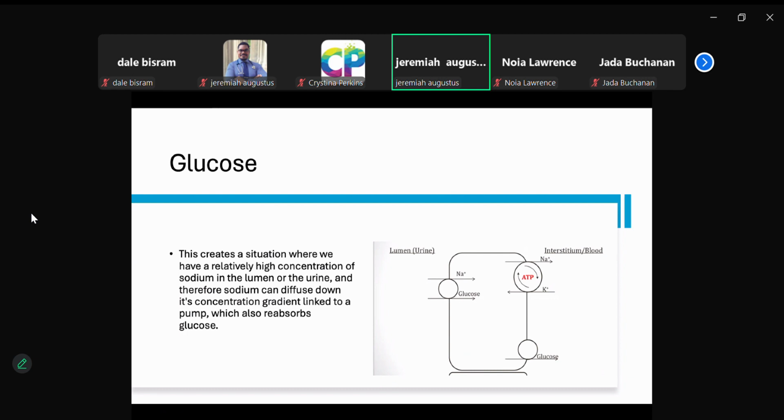The sodium in the urine now wants to move into the nephron, but it can only do so through a co-transporter, and that co-transporter is with glucose. So while we create this low sodium gradient to pull sodium from the apical side, from the urine, glucose is going to piggyback on the sodium.